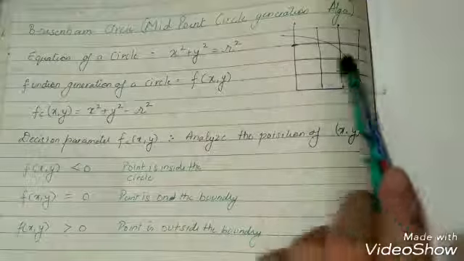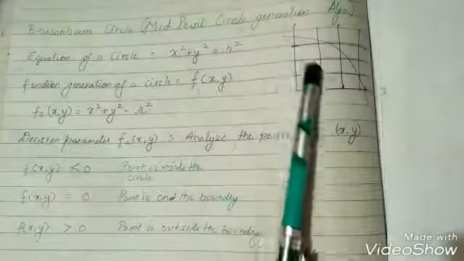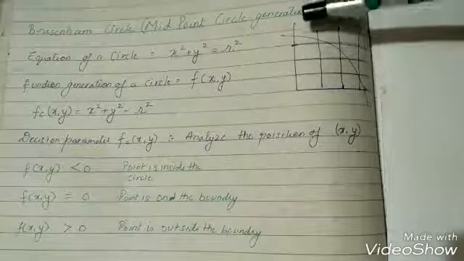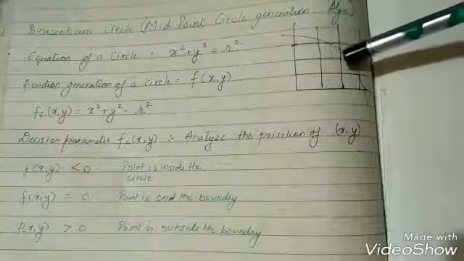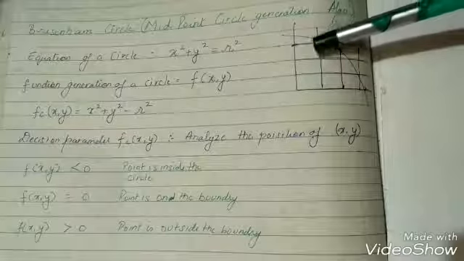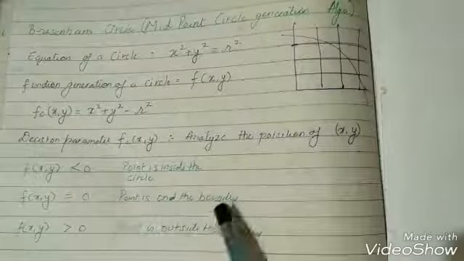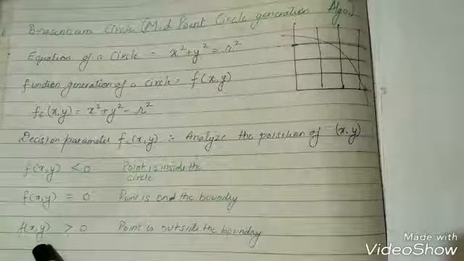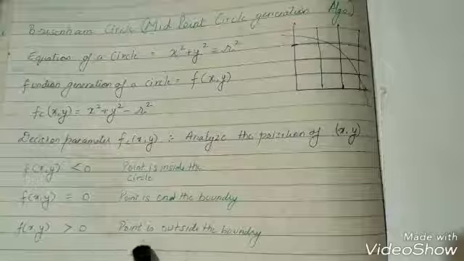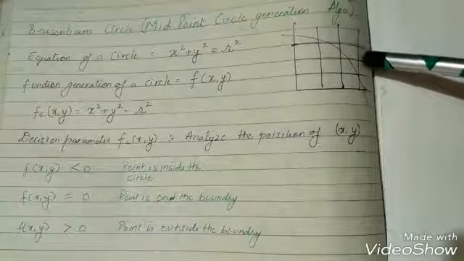Here we have represented a portion of a circle, an arc. If it is equal to 0, the point is on the boundary. If f(x, y) is greater than 0, the point lies outside the boundary, somewhere here.